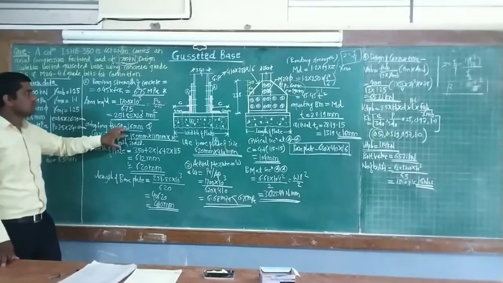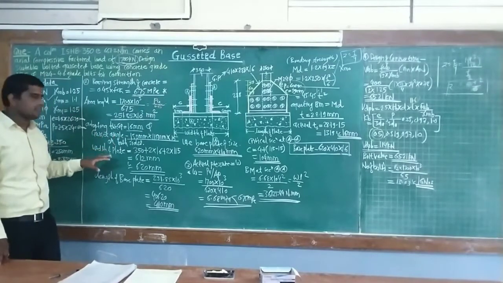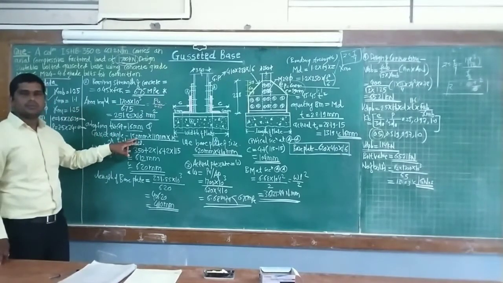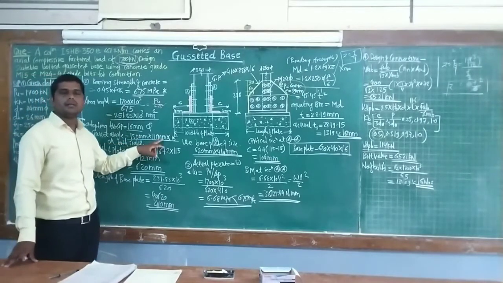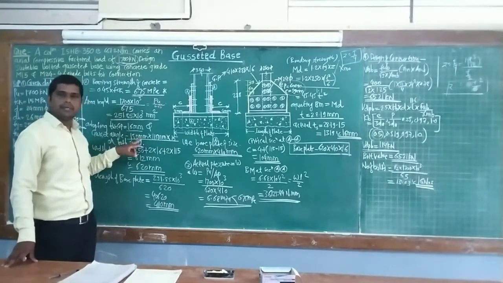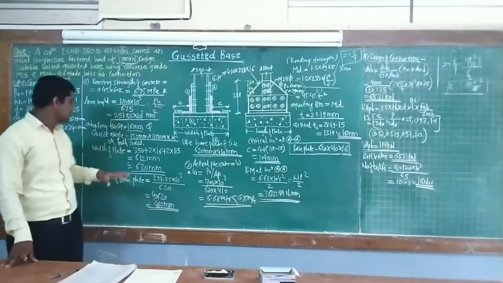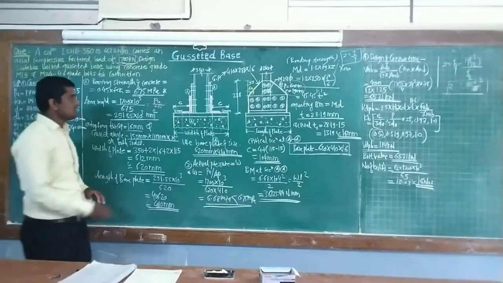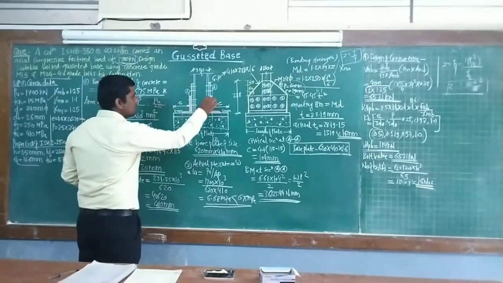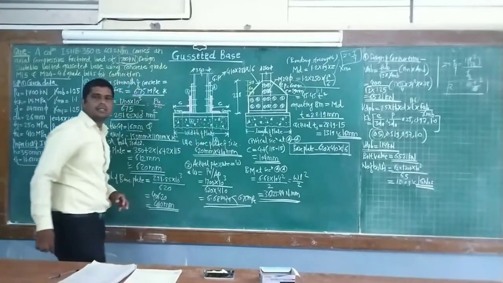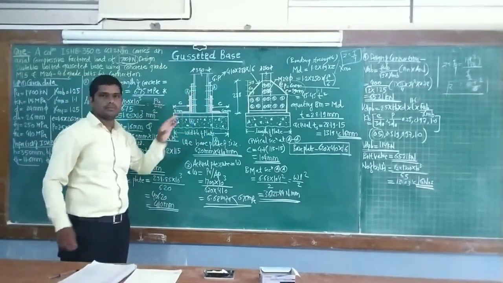Mostly in the design of gusseted base, we select an unequal angle section, which may be 150 mm by 115 mm by 15 mm, on both sides. That means we are going to provide the gusset angle or angle section on both sides of this column.